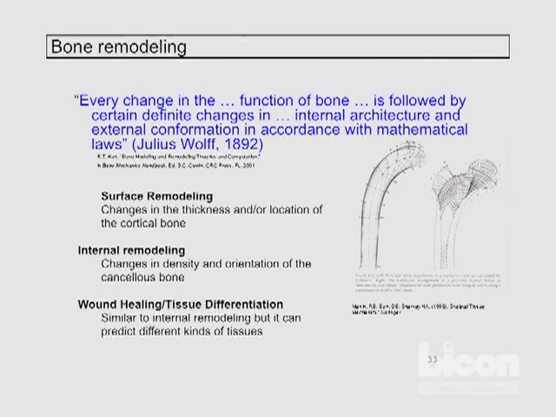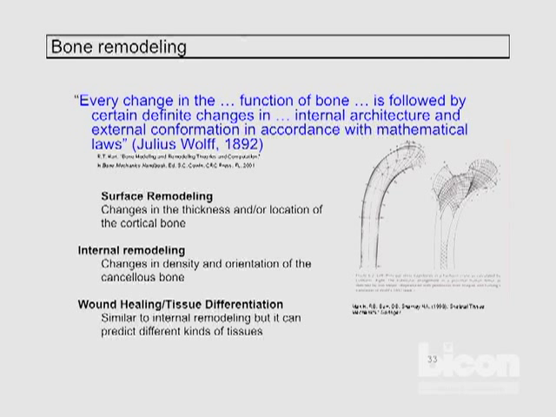In his famous observations, Julius Wolff observed that every change in the function of bone is followed by certain definite changes in internal architecture and external conformation in accordance with mathematical laws. Now, modern theory does not like Wolff very much anymore, but this doesn't mean that there are no mechanical effects. The observation Wolff made was a comparison between a bone and a crane shaft.